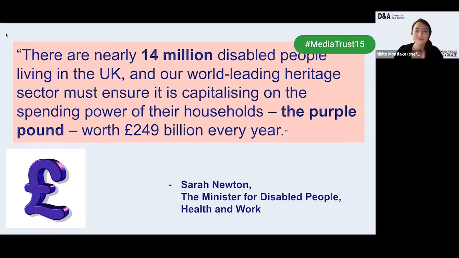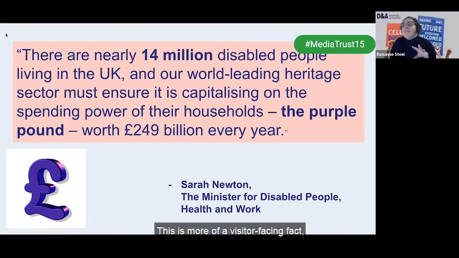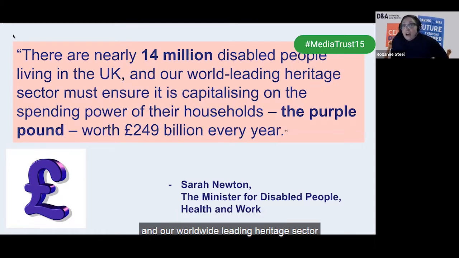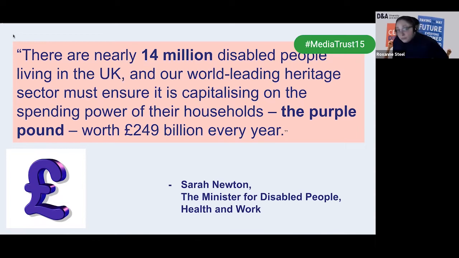Now, this is more of a visitor-facing fact, but I found that quote really interesting, that there are nearly 40 million people living in the UK, and our worldwide leading heritage sector must ensure it's capitalising on the spending power of their household, which is worth 249 billion a year.